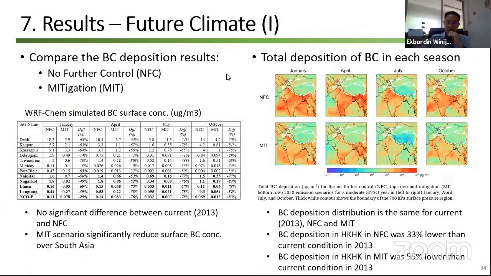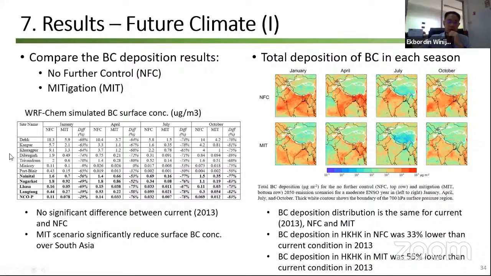For the future climate in 2040 and 2050, we also run the model for two cases. The first case is no further control, like no other control after 2015. The second one is mitigation, where we apply all of the control measures after 2015. We want to see the impact on the deposition in the area.